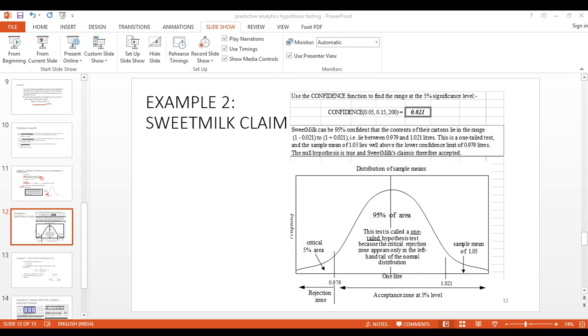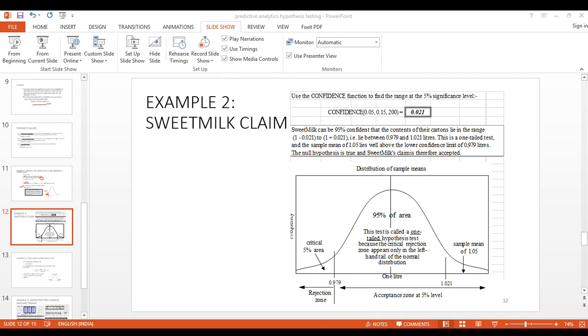So you can see how I came up with this value, you can easily come up with this value: you just type here equal to confidence. It will ask you for alpha, in this case 0.05.